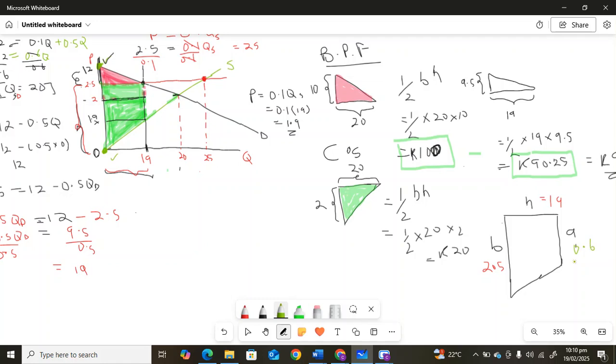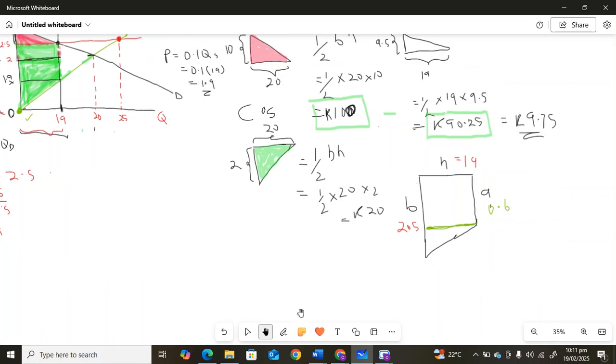Are we okay with that? Okay, so what's the formula for area of a trapezium?